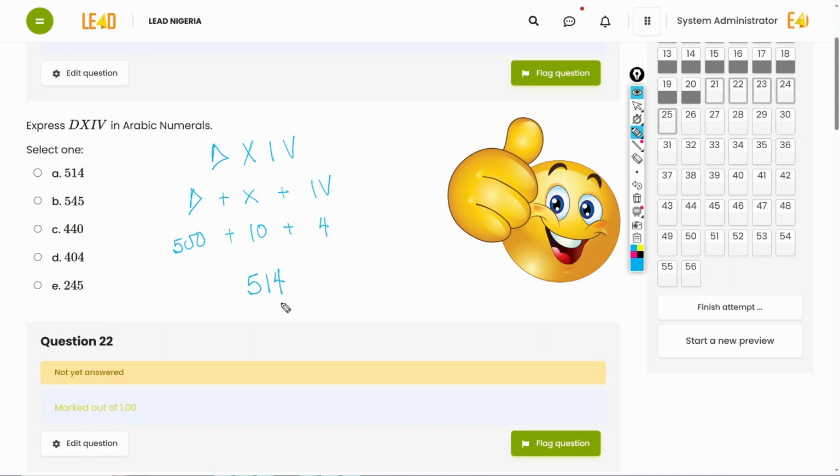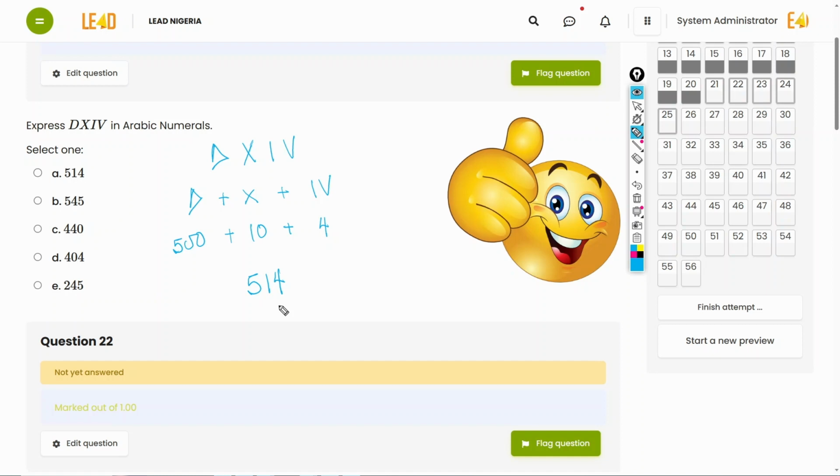514. So when you're doing this, it can be a bit tricky because sometimes you might group them wrongly and then have to decide, oh, I needed to have had this Roman numeral attached to the other one. What really helps you is if you remember your expanded form.